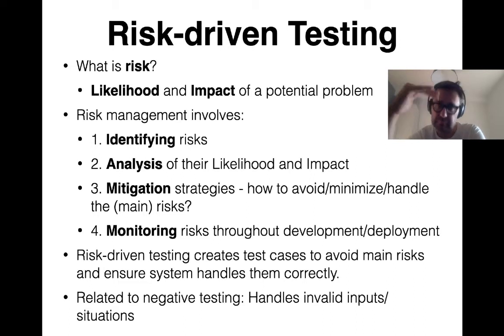And then you structure your risks or find your risks based on this. So comparing requirements or design of a system with domain knowledge, then you describe the risks, right? So second step in any type of risk analysis or risk management is analysis of the likelihood and the impact of each risk.